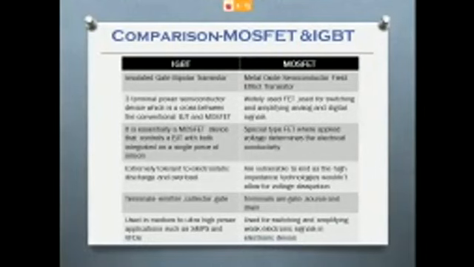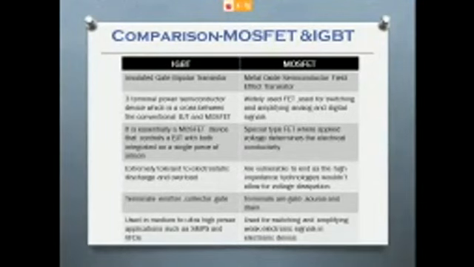And now let's compare a MOSFET and an IGBT. An IGBT is basically an insulated gate bipolar transistor, whereas the MOSFET is a metal oxide semiconductor field effect transistor. IGBT is a three terminal power semiconductor device which is a cross between a BJT and a MOSFET, as I've said before while I was explaining IGBT.